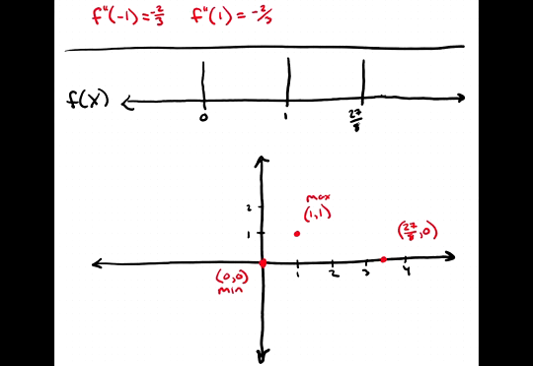What we know so far is that the function is decreasing from negative infinity to 0. We also know the function is increasing from 0 to 1. And then we know the function is decreasing from 1 to infinity.